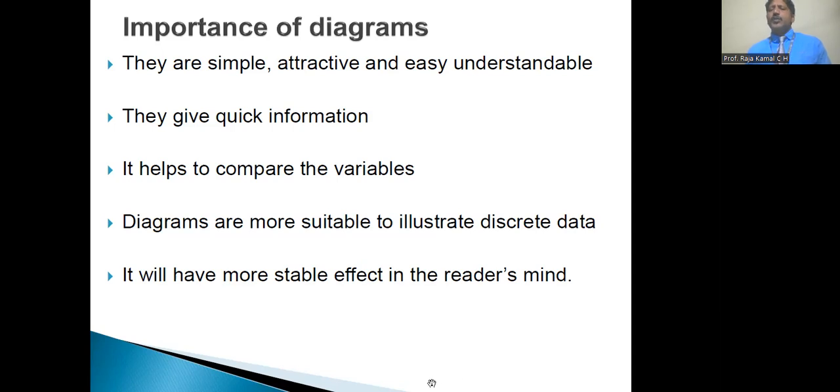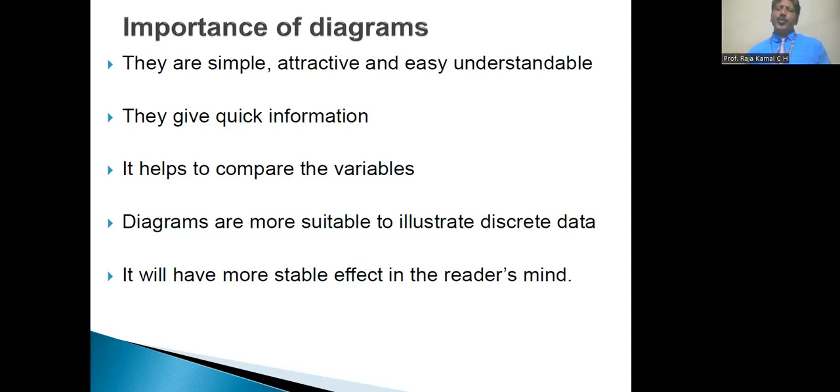In the rectangular bar, you can mention the total production in 2012, 2013, 2014, 2015, and by seeing the diagram, we can say which year got less production and which year got more production. It is quick information.